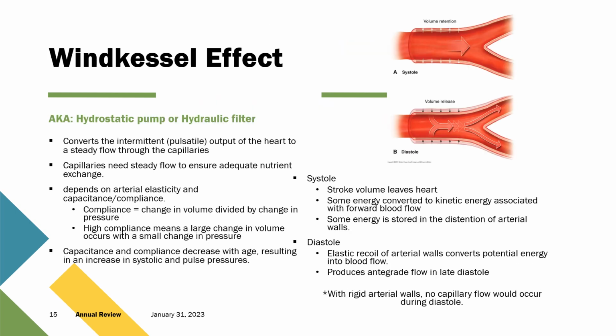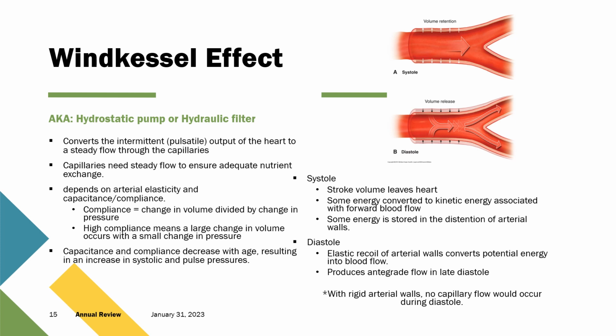All right, now I've talked quite a bit about our Windkessel effect as it related to other topics as we were going through them, but we'll want to go over it a little bit more here. One of the things about the Windkessel effect is, unfortunately, it has multiple different names depending on the source you're looking at. In lots of physics books, they call it the Windkessel effect.